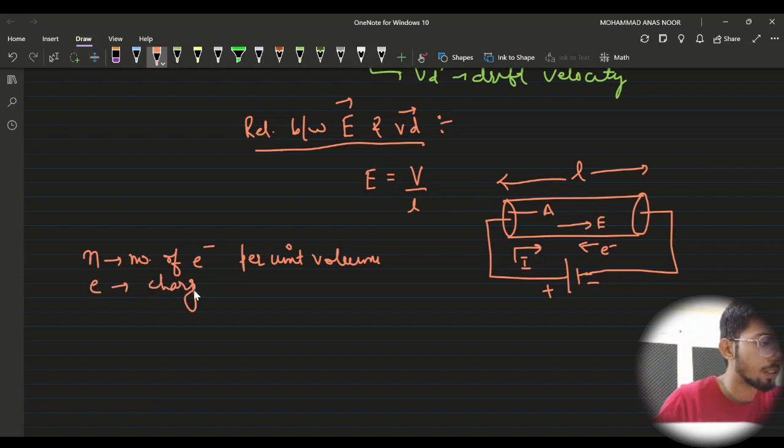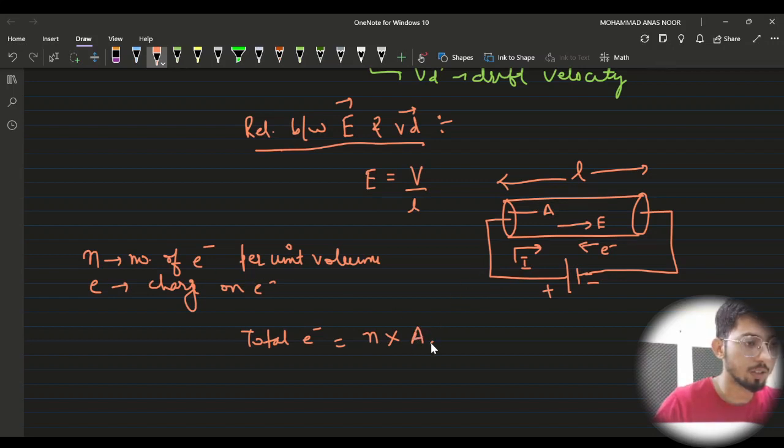We need to find the relation between this electric field and the drift velocity. So if n is the number of electrons per unit volume, then the total electrons in this conductor would be how much? The n multiplied by the volume, because this is per unit volume, and the volume of a cylinder is area of cross section into the length.